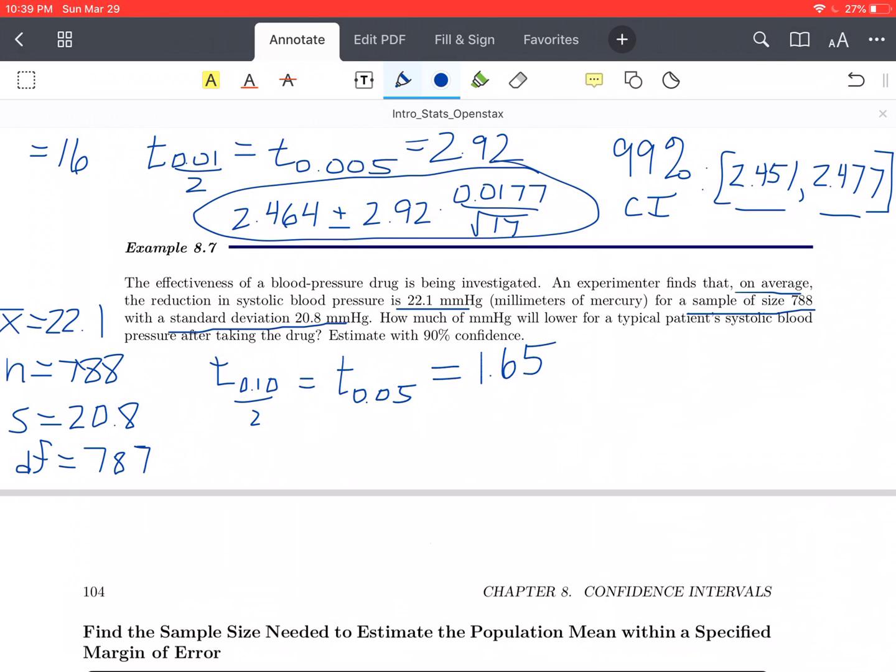So our confidence interval is 22.1 plus or minus 1.65 times 20.8 over the square root of 788.